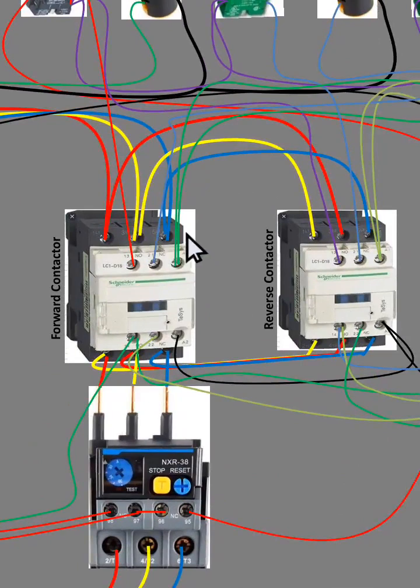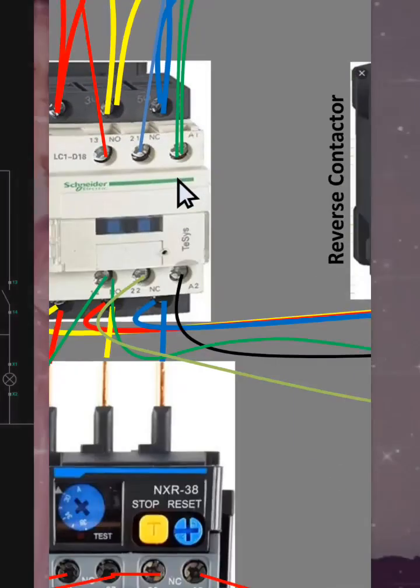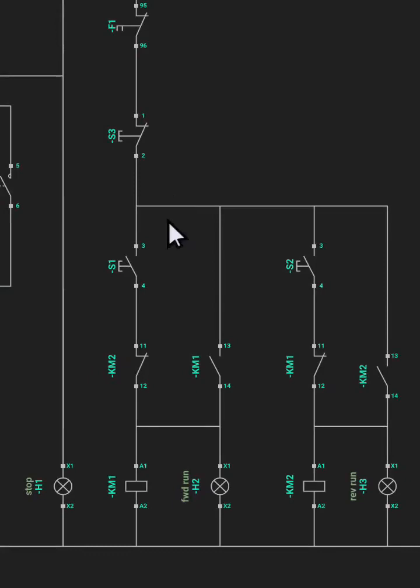This is the forward contactor. You see this, there are 2 wires going into it. This is A1 of the forward contactor, which is this. Look at it. We have 2 wires. One is the one coming from the normally close of the reverse contactor, and one is the one coming from the normally open of the forward contactor.